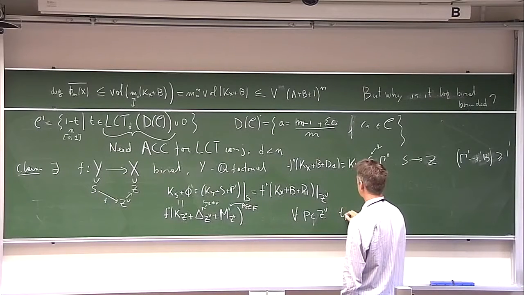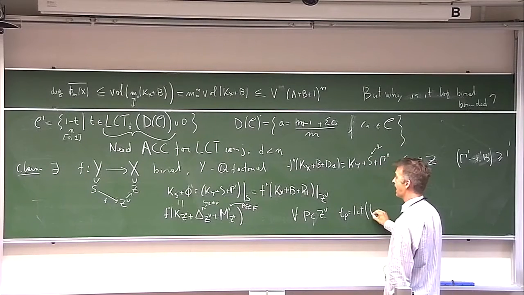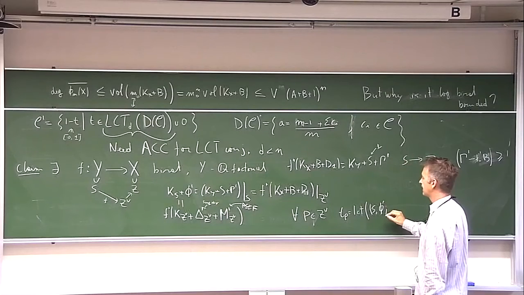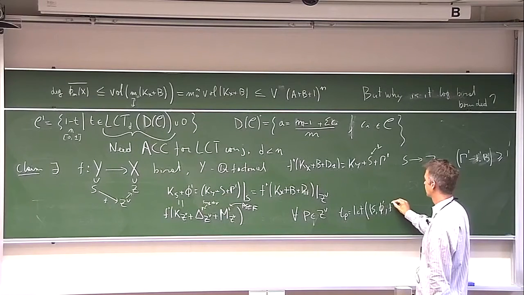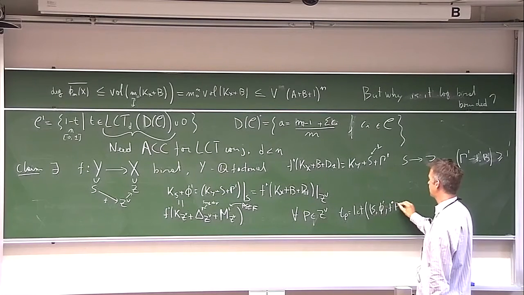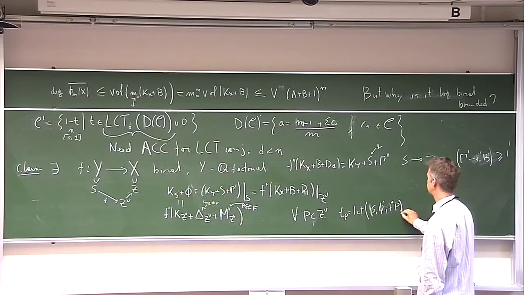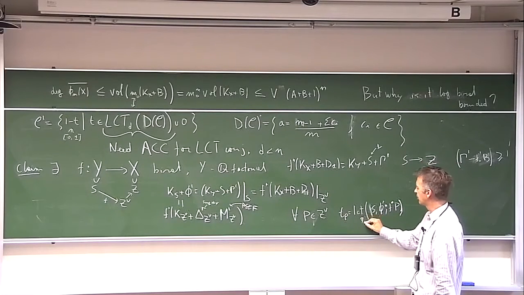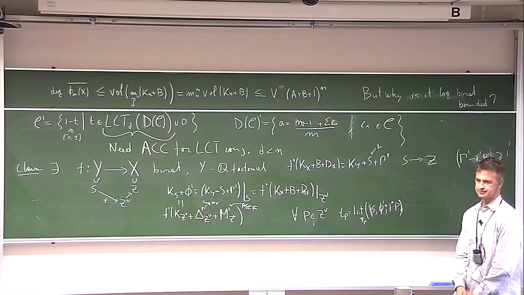You let TP be the log canonical threshold of the pair S, phi prime, computed with respect to the divisor that you obtain by pulling back P. Too many parentheses, the log canonical threshold of this object, and this should be computed over the generic point of P. So if it's a curve, then you just take the log canonical threshold.